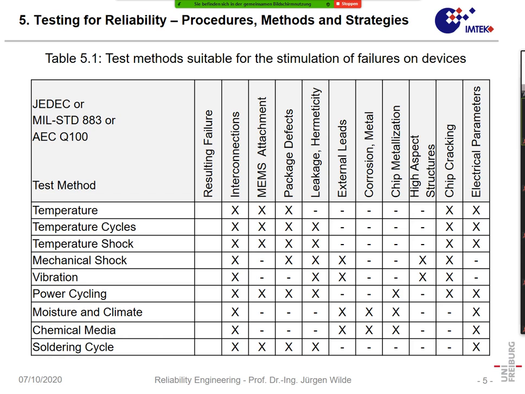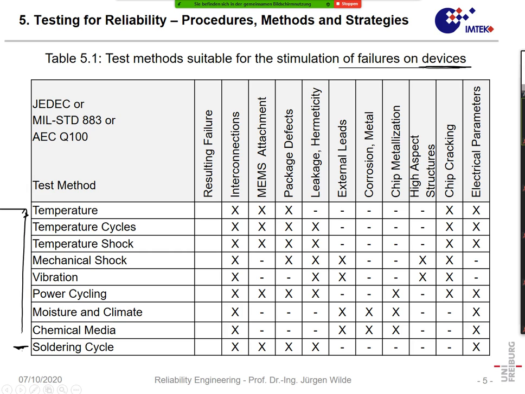That's the reason why, before we do all of these tests here, we always apply a soldering cycle to our electronic devices. Also, I would like to note that these test procedures are on the level of electronic devices, so single components. And when we regard what happens during that, we can say what the resulting failure is.